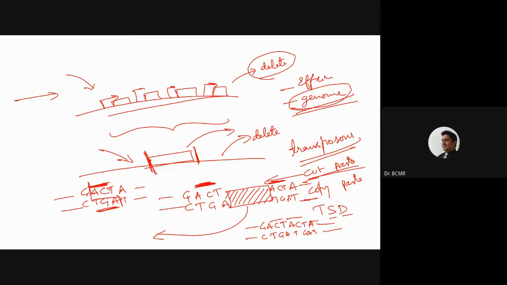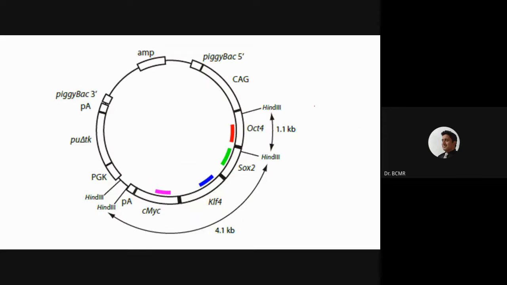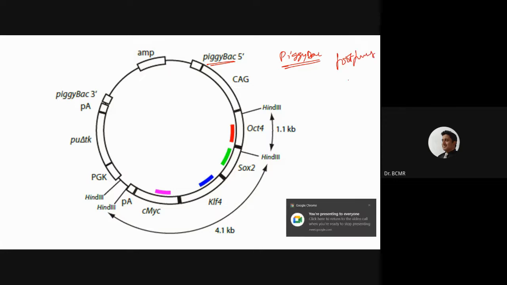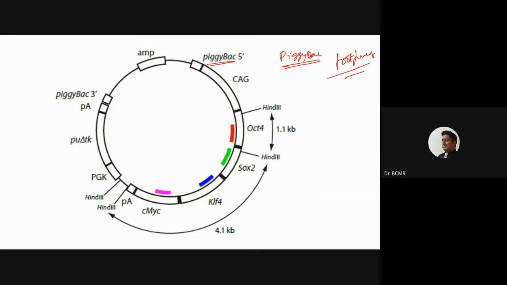Use transposons. That's a difficult one. And in that sense, they started using something called piggyBac transposon. PiggyBac transposons are special because they do not leave any footprint. Okay? They do not leave any footprint. Maybe in the next slides, I will try to see if there is time, I will make it happen.